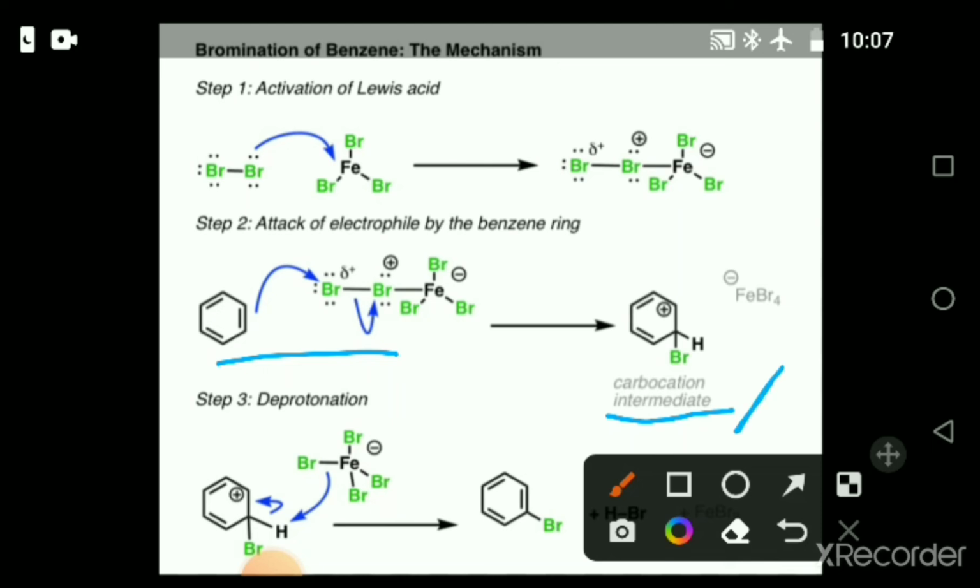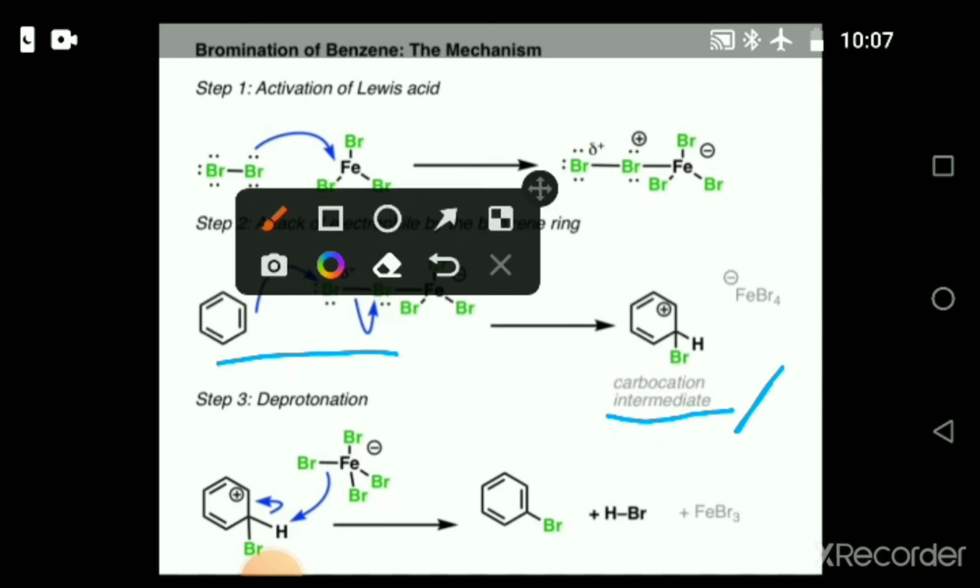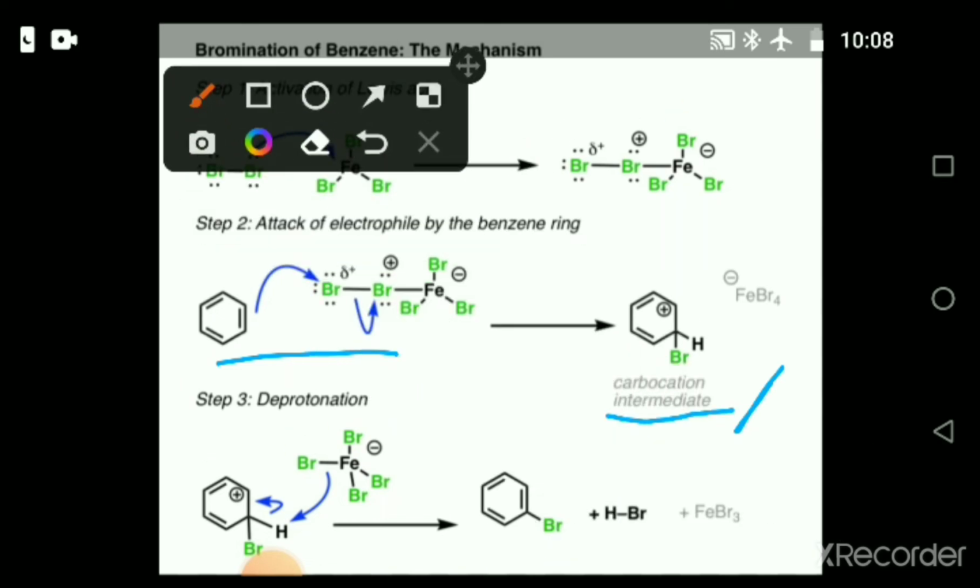So coming to the third step, the removal of a proton from the intermediate. Here is deprotonation. Removal of hydrogen, a proton, is called deprotonation. So here one hydrogen is removed from benzene and the hydrogen is attached to the iron atom.